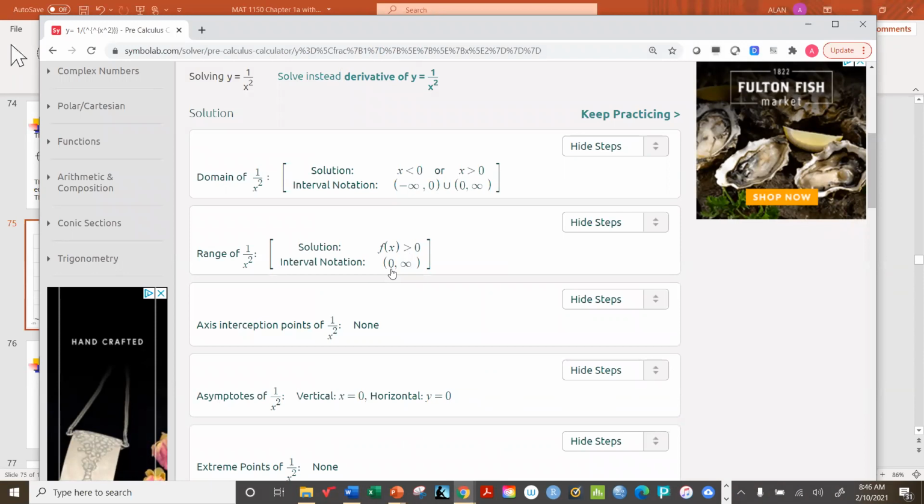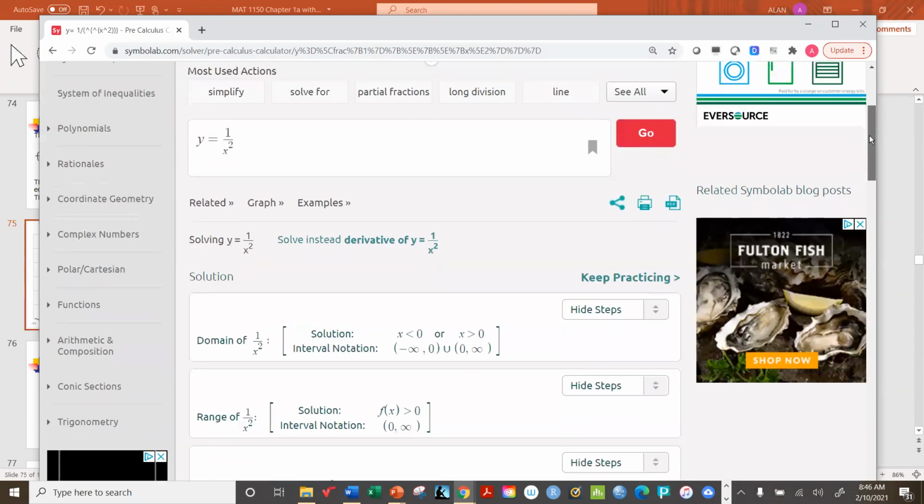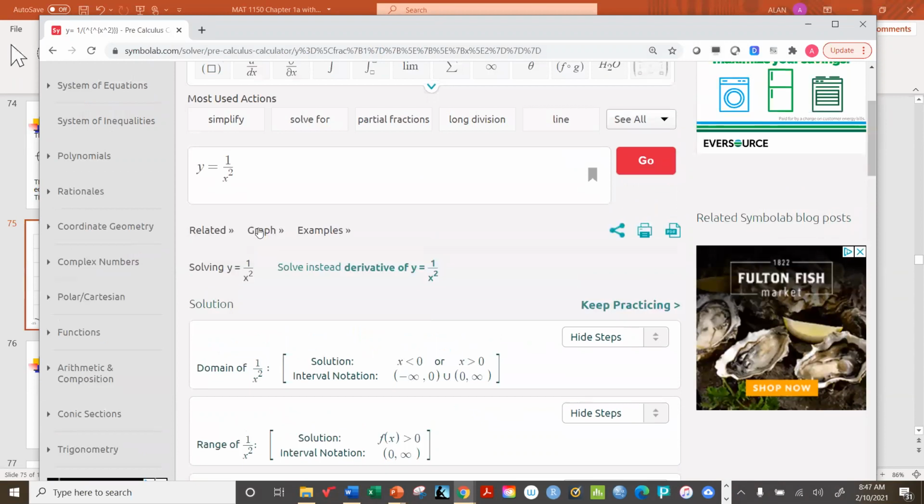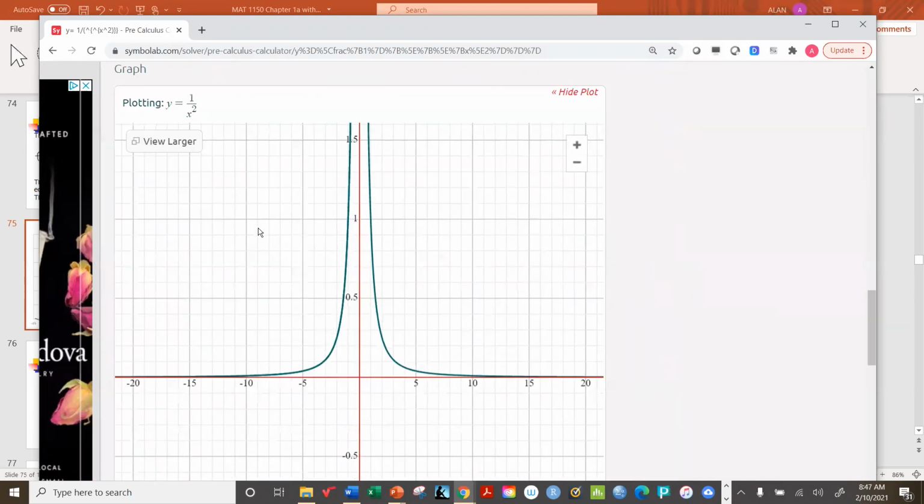And it also specifies here that the asymptotes are the horizontal and vertical axes, and that the function doesn't cross the x-axis. Okay, so let's look at the graph. That's the most fun part, isn't it? There it is, exactly.